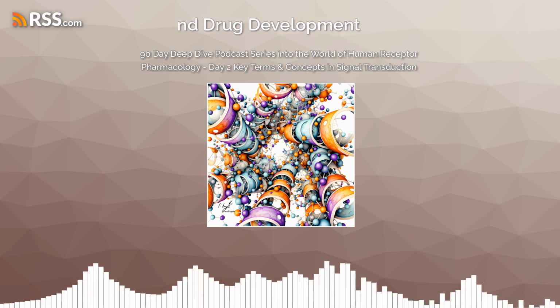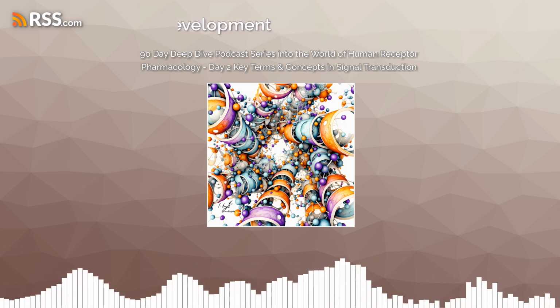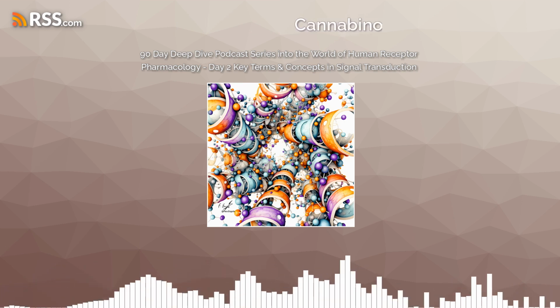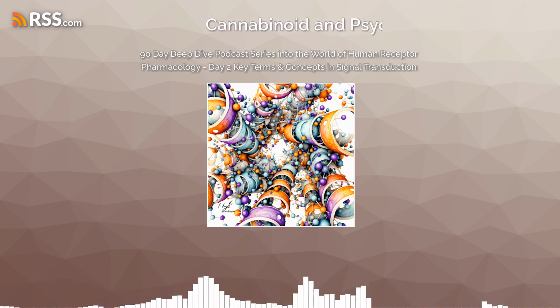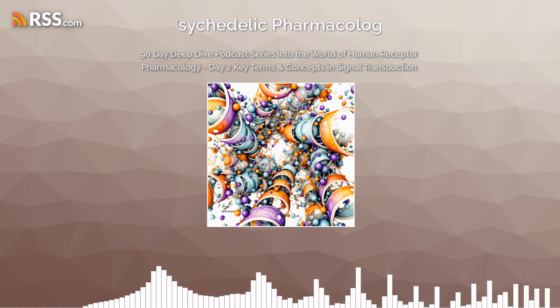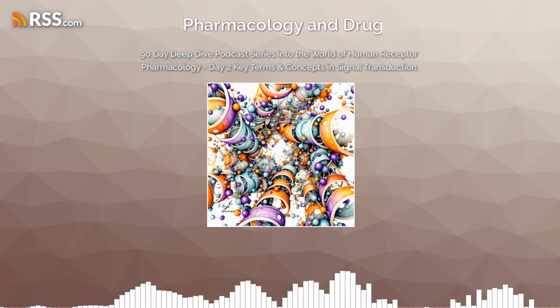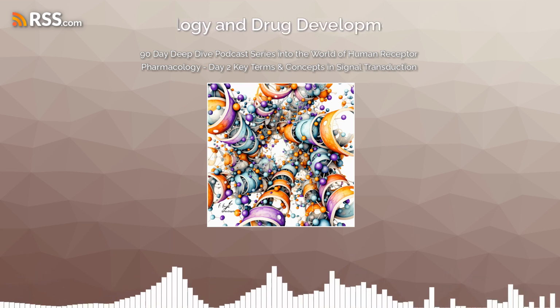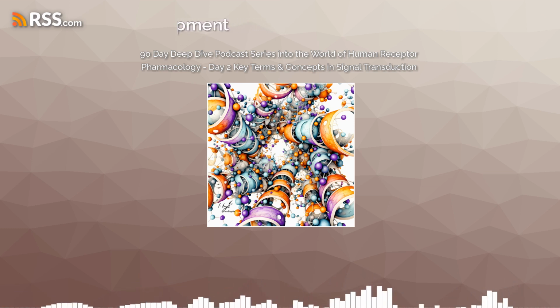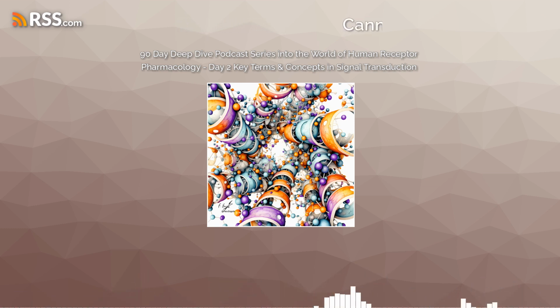Wow, that's pretty powerful. It's like having a fine-tuning knob for receptor activity. Precisely. And this opens up so many possibilities for drug development. Imagine designing drugs that act as allosteric modulators, fine-tuning that receptor activity in a much more subtle and precise way than those traditional agonists or antagonists.